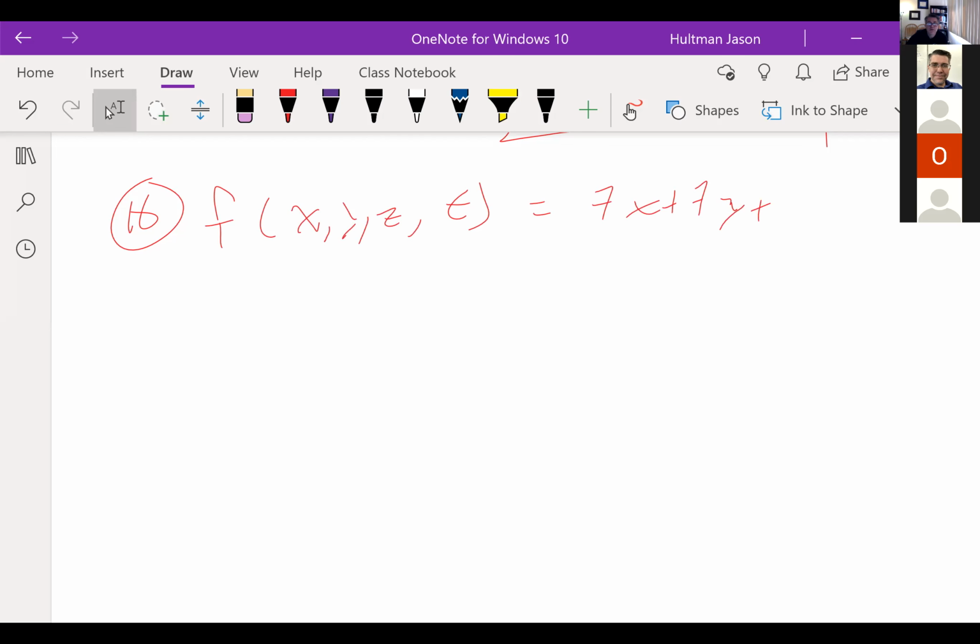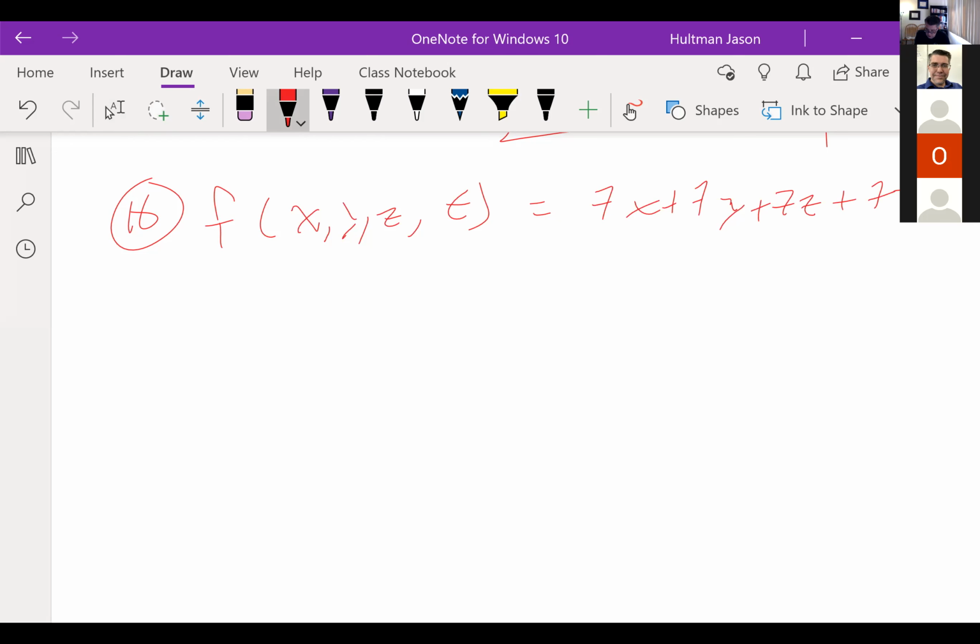Good. So that's my f. What's my constraint?